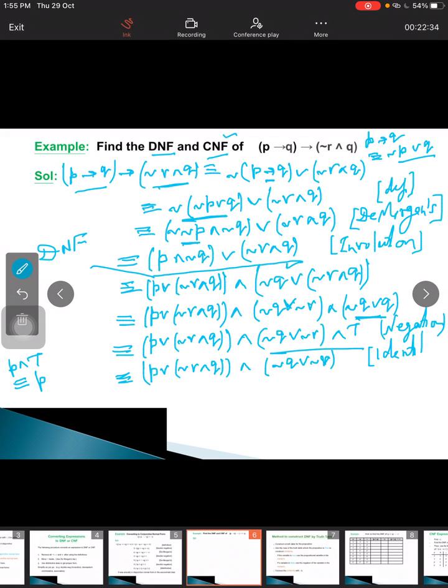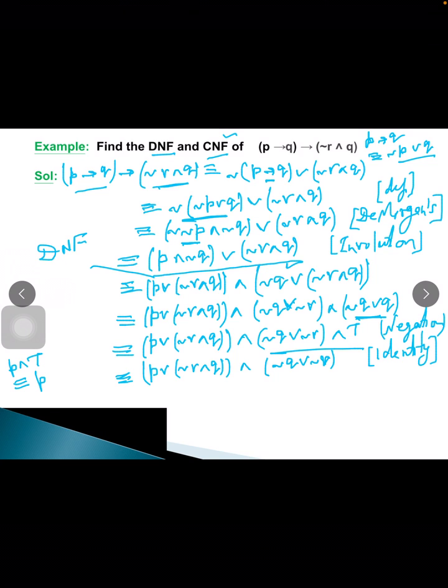So this is for the identity law. Okay. Now next, this is equivalent to, now you use the distributive law again. When we use it, it becomes P or negation R, and P or Q, and negation Q or negation R. So what is this form now?